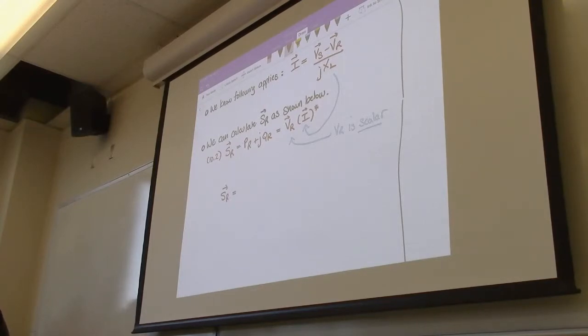It will be equal to VR, VS conjugate, over negative jXL, and that negative comes from the fact that we're taking the conjugate of I, minus VR squared over minus jXL. If we wanted to, we can make both of those pluses.